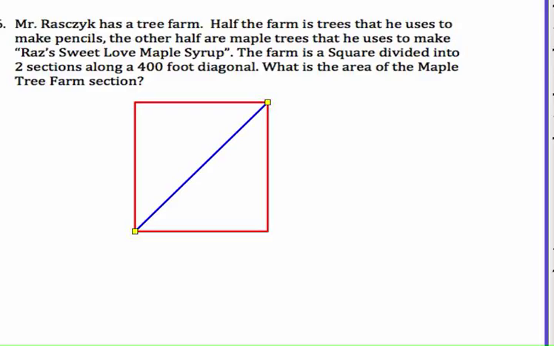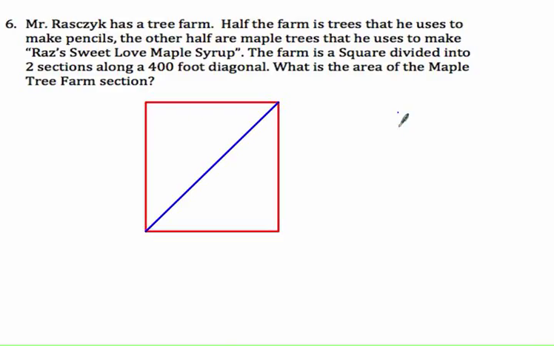So the area of a triangle is half the base times the height. Area is equal to half the base times the height.